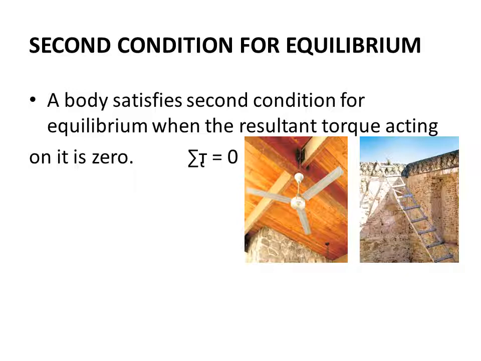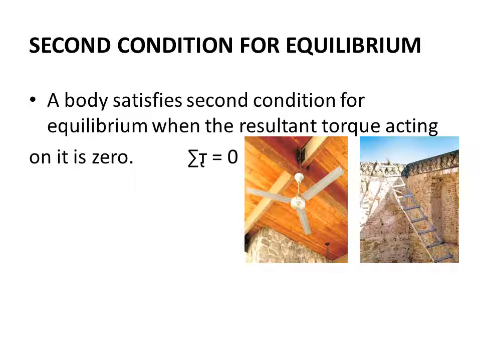This is called the second condition for equilibrium. According to this, a body satisfies the second condition for equilibrium when the resultant torque acting on it is zero. Sigma torque is equal to zero.